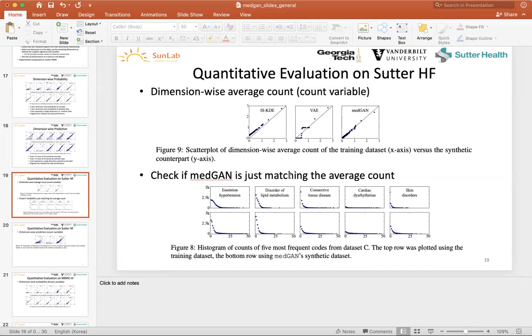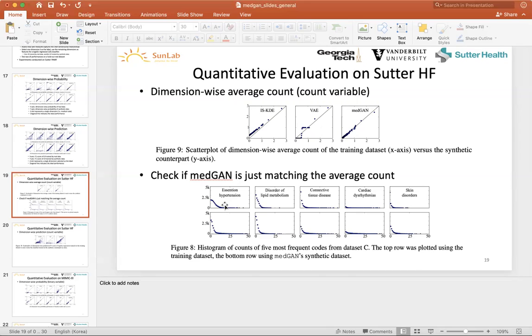You can basically take some diagnosis codes randomly and plot their histograms. The first line is the histogram from the real data, and the second line is the histogram from the synthetic data. You can see that essential hypertension has a different count distribution compared to skin disorder. Their histograms look different.